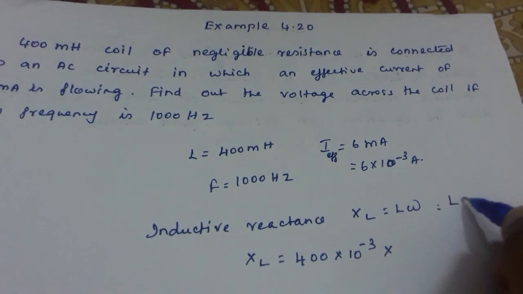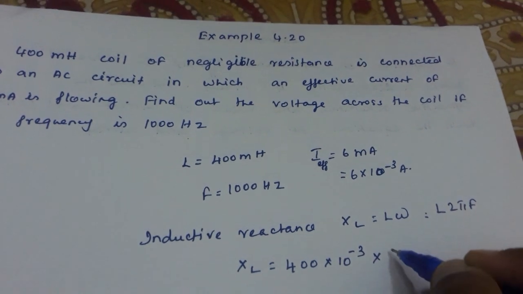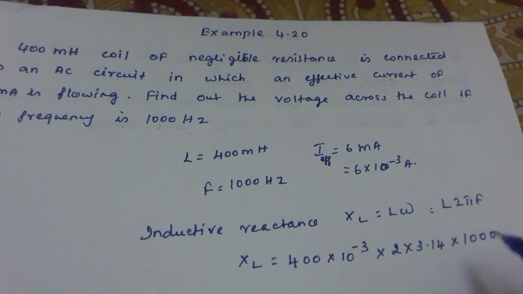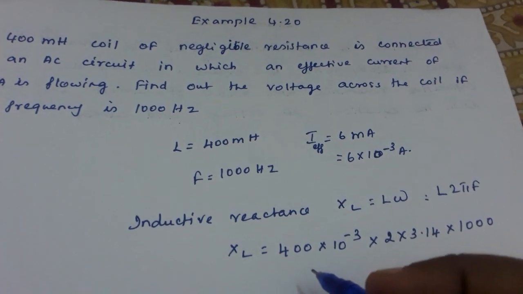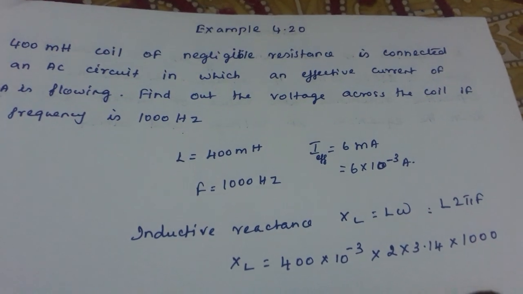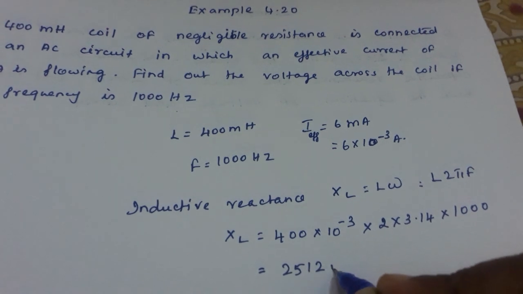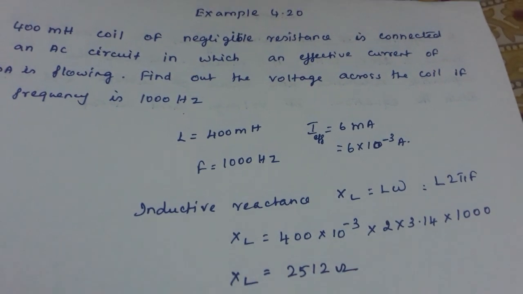So this can be written as L into 2 pi f. So 2 into 3.14 into 1000. If you multiply all these values, we will get 2512 ohm. This is your XL value.